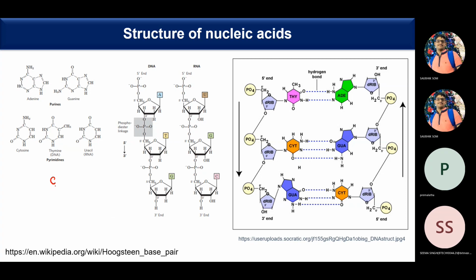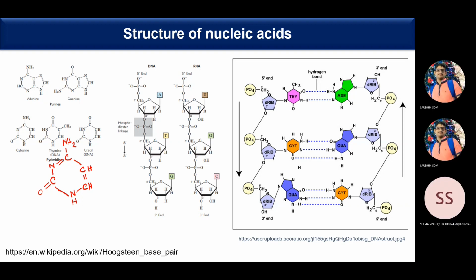Cytosine is basically C, then N, then double-bonded C with NH2, CH, CH, O, NH, correct?